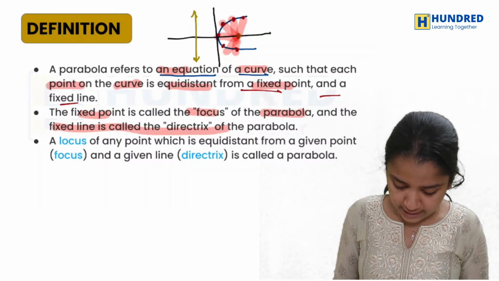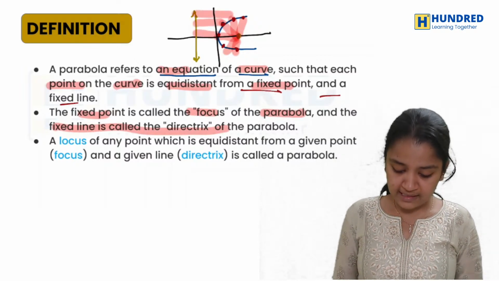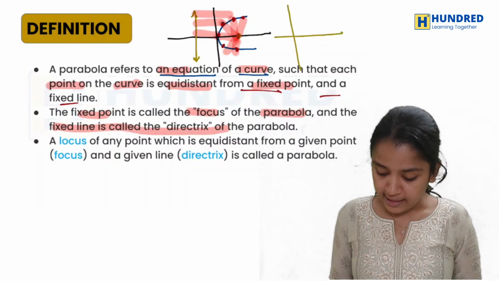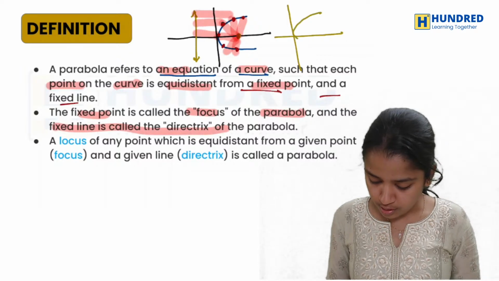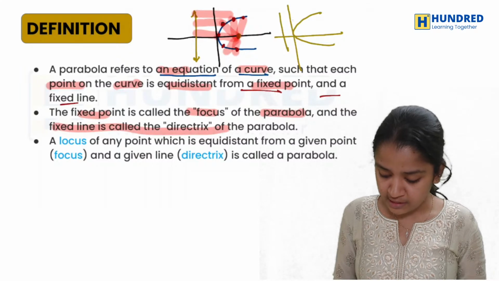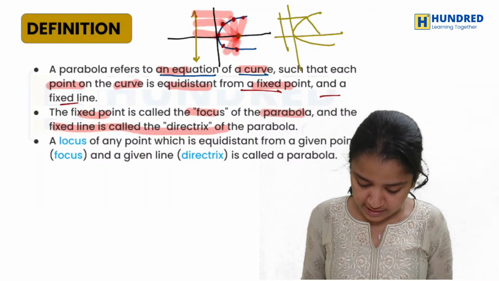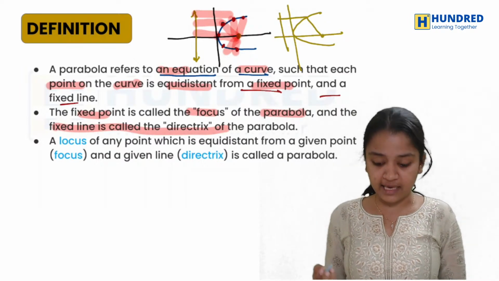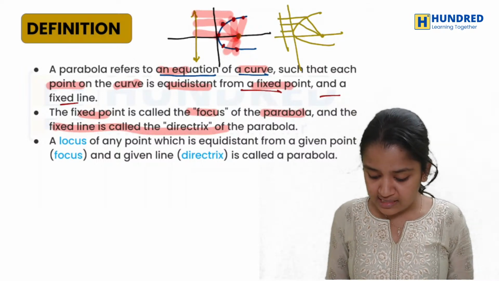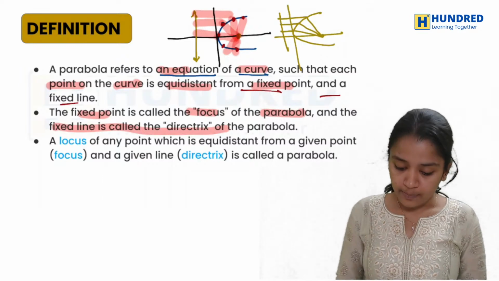Basically it will be like this. You have a straight line, and this is your parabola, and this is your fixed point, sorry, fixed line. This distance will be equal to this one, and this will be equal to this one.